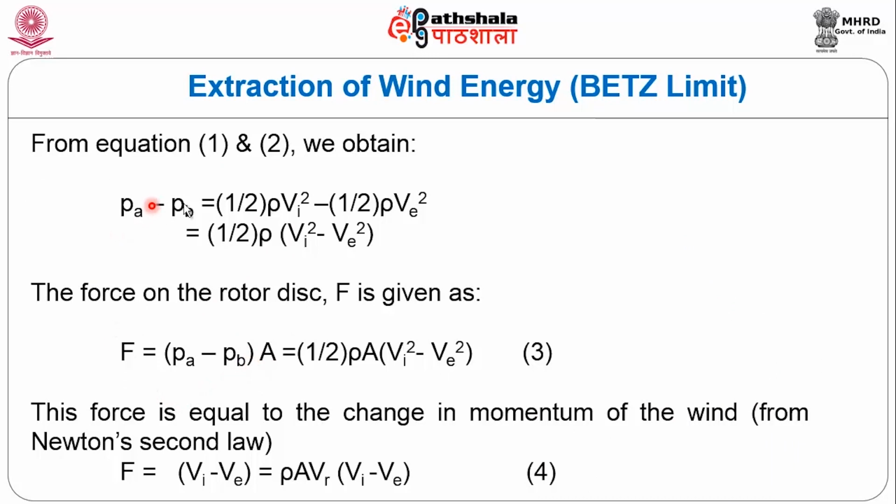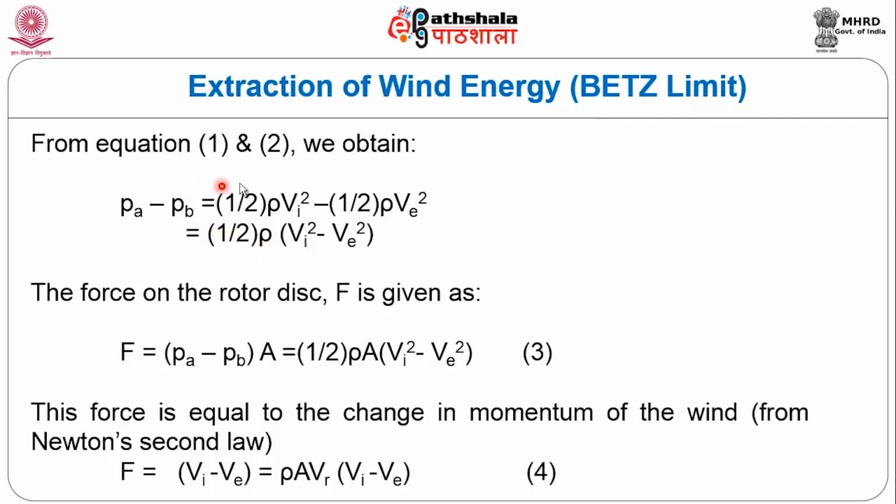Then from equations 1 and 2 we obtain P suffix A minus P suffix B. From equations 1 and 2, through substitution and rearranging, we finally arrive at the Betz limit.